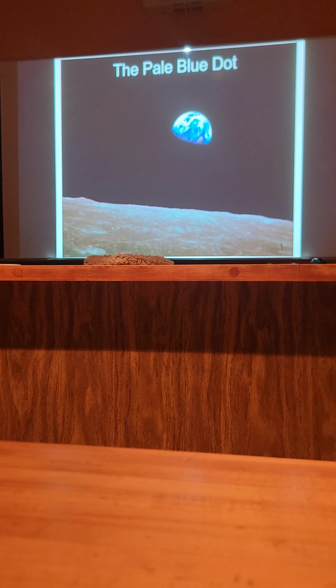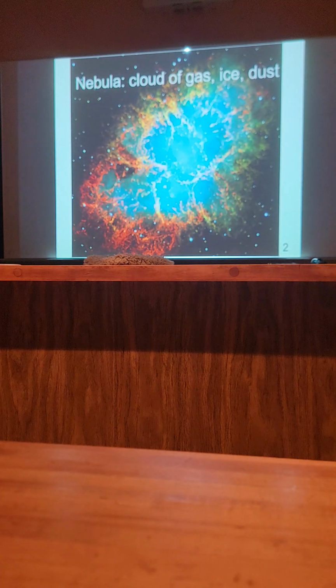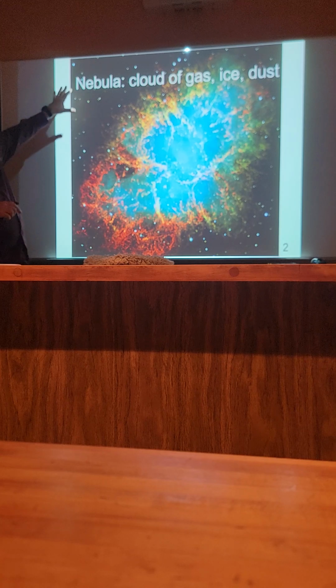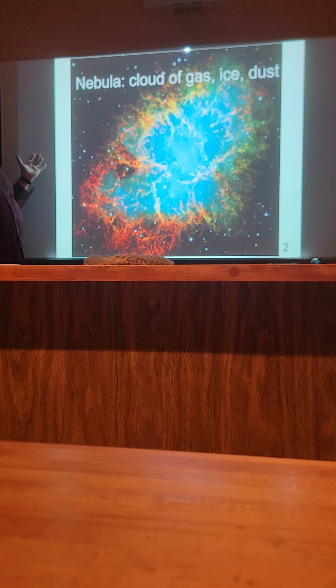Now within this universe, around 4.5 billion years ago, something happened to a nebula. So a nebula looks like a space cloud, basically. It's different than clouds in the atmosphere.